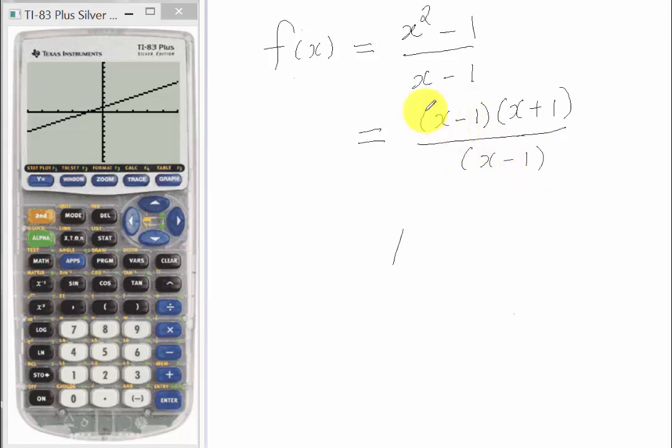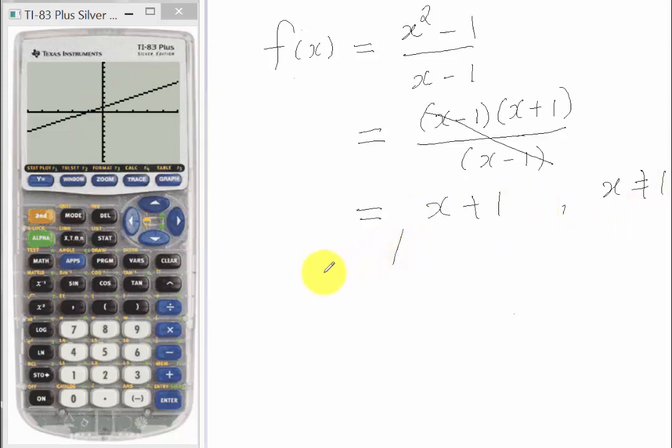And since x is not equal to 1, which is what we need for the limit as x goes to 1, we can cancel out. That means the function is actually equal to x plus 1 when x is not equal to 1. So that's why we get the straight line, y equals x plus 1.